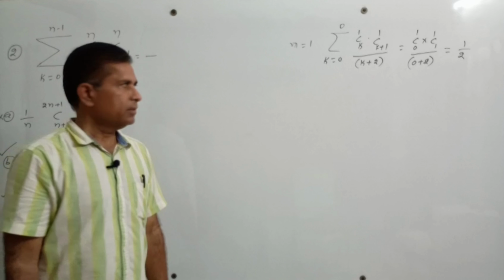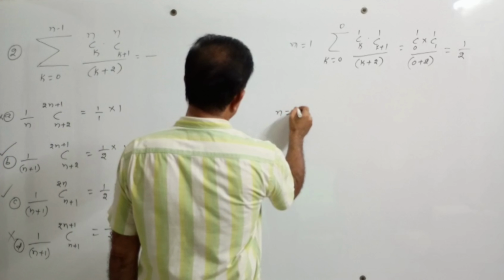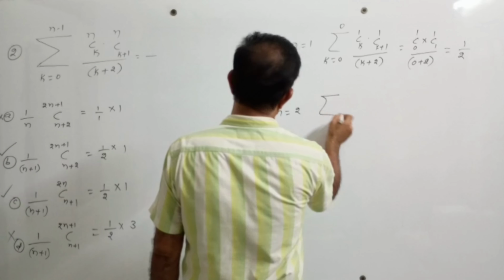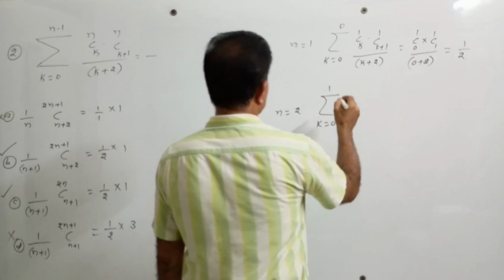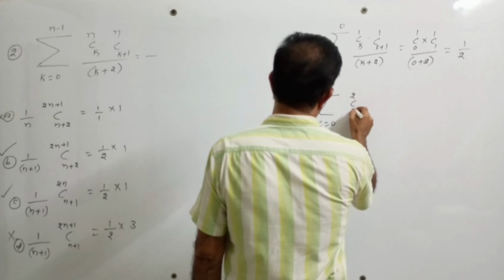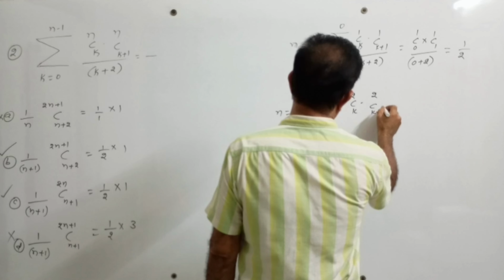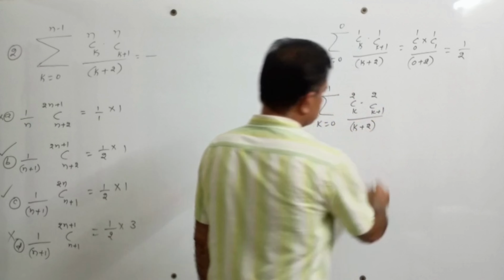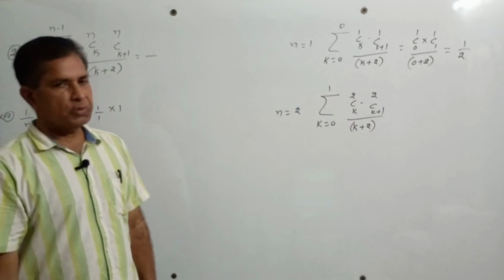To eliminate, go for the second trial. Just I am writing n is equal to 2. That summation becomes sigma k is equal to 0 to 1. This is 2Ck multiplied with 2C(k+1). Denominator is k plus 2. So k takes values from 0 to 1.